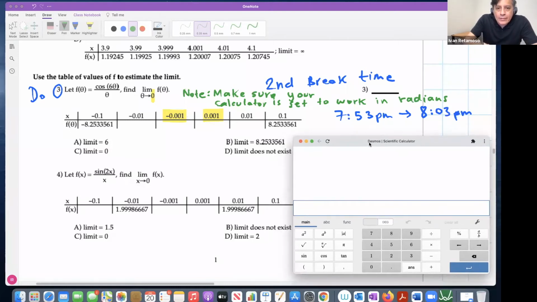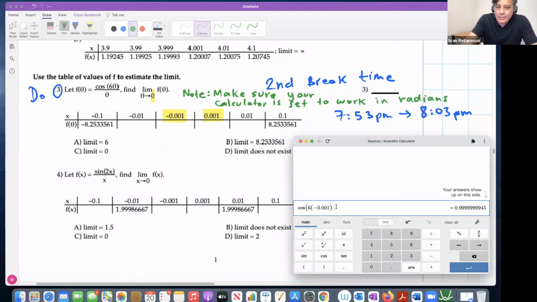Okay, let's do it together, okay? It's very tricky. If we do the evaluation at this value, we have to do cosine of 6 theta, right? Theta is in this case negative 0.001. I'm gonna write it within parentheses. When you write this within parentheses, it will multiply the number 6, right?